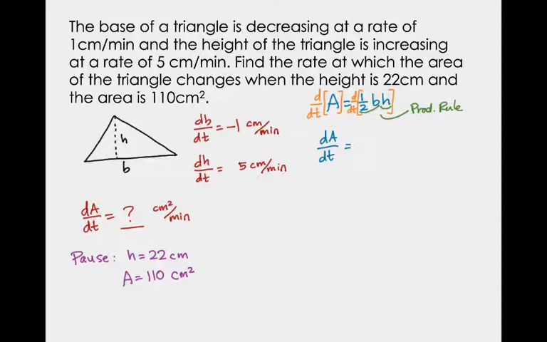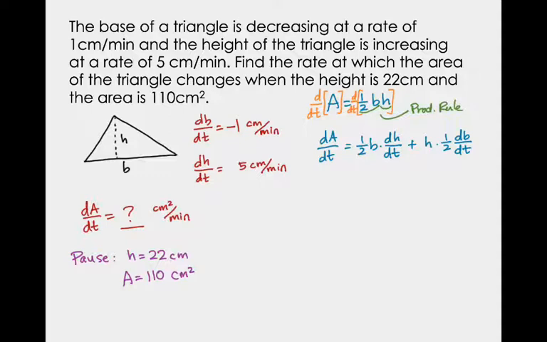All right, so product rule over on the right. So we take the first function, 1/2 b, times the derivative of the second. Derivative of h is going to be dH/dt. Product rule comes with a plus in the middle. And so first times derivative of the second plus the second, h, times the derivative of the first, and that's going to be 1/2 dB/dt.